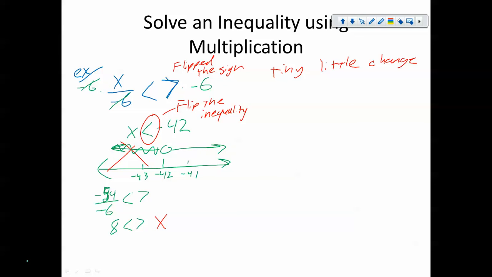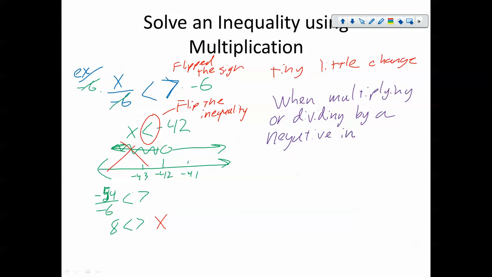Okay? And to make sure we get that correct answer, we need to remember that, and I'm going to write this large in purple: when multiplying or dividing by a negative in an inequality, we must remember to flip the inequality sign.